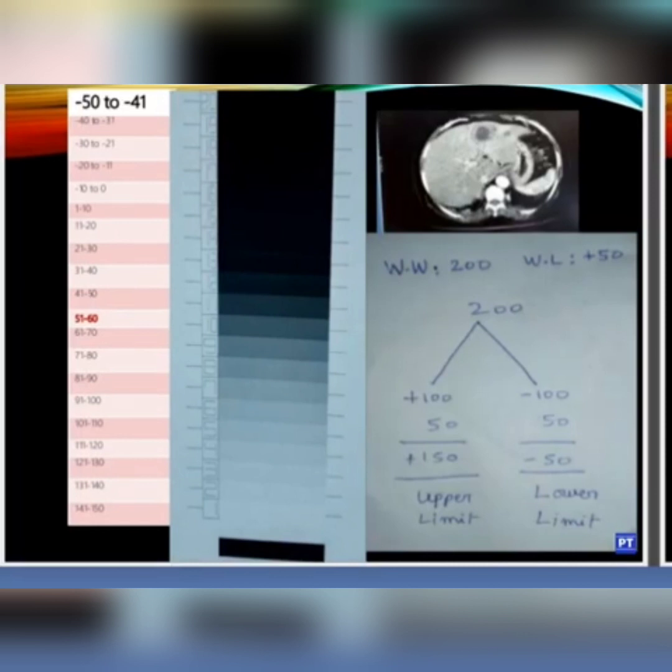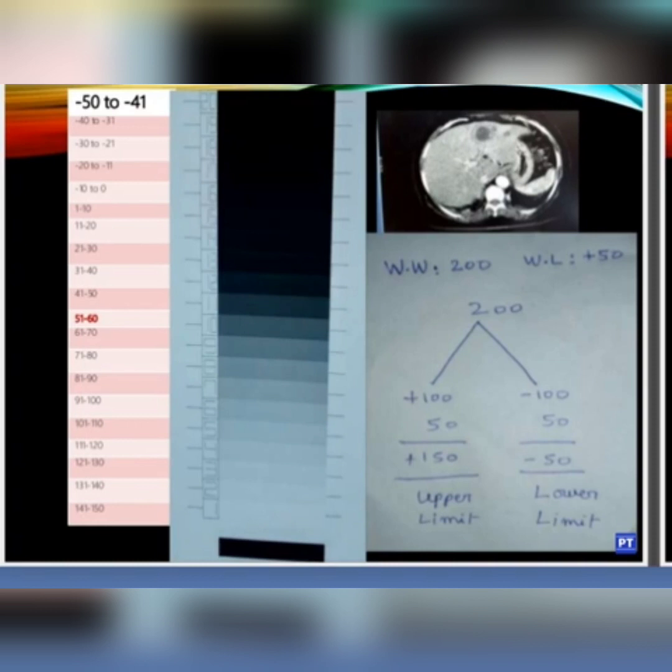So this is a CT abdomen, and here you can see the window width is written as 200 and the window level is written as plus 50. A window width of 200 HU means it extends from plus 100 HU to minus 100 HU, and its window level is plus 50.